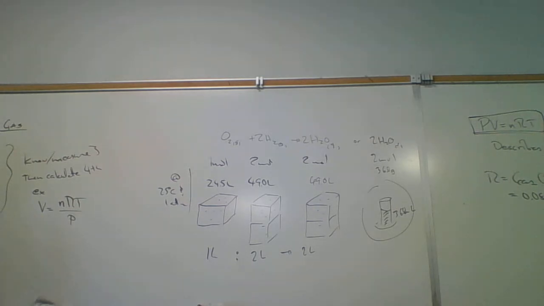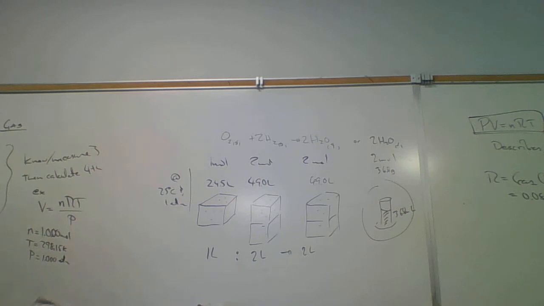Now, for the typical example, let's go with four sig figs: 1.000 moles of gas. Temperature, we're going to do 298.15 Kelvin. And the pressure, we're going to do 1.000 atmospheres.